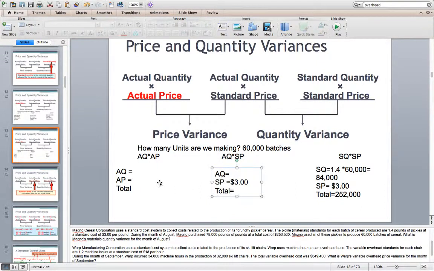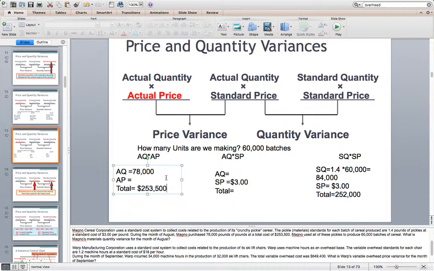And then, what did it say for actual quantity? During the month of August, Magno purchased 78,000 pounds for a total cost of $253,500. So they actually purchased that quantity of 78,000 pounds for a total. They didn't give me the actual price, but they gave me a total amount. So how do we solve for that actual price?